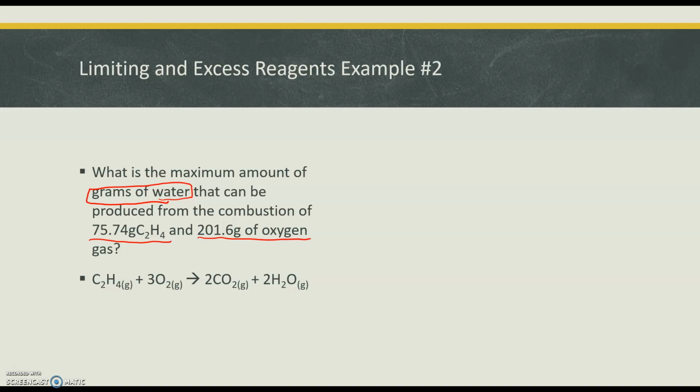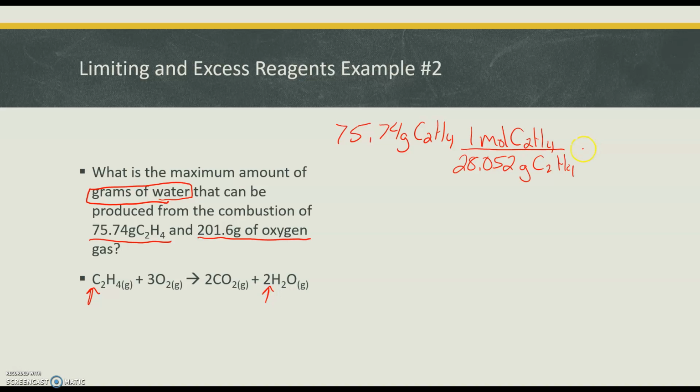All right, so for our C2H4, we want to cancel that out using a smaller mass of 28.052 grams C2H4 per 1 mole C2H4. We're going to compare our moles of C2H4 with our moles of water using our mole ratio.